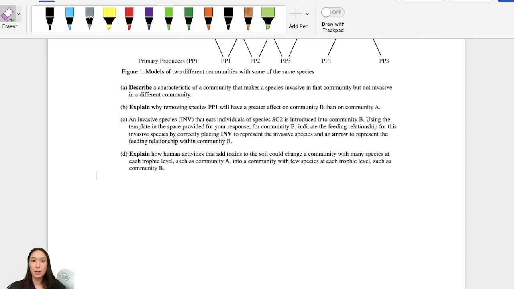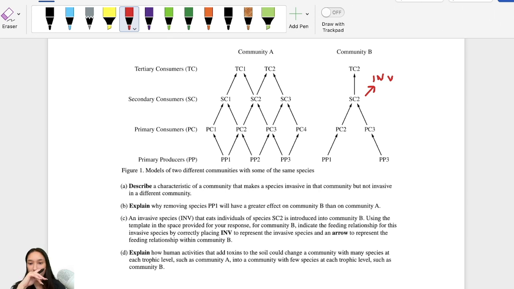So how does the addition of toxins change a community with many species? How human activities that add toxins to the soil could change a community with many species at each trophic level, such as community A, into a community with fewer species at each trophic level. Okay, I'm understanding the question now. I didn't know if they were asking you to look at them individually.